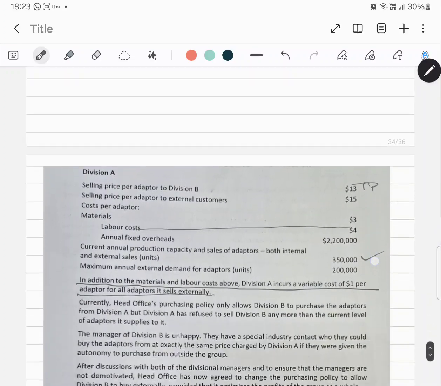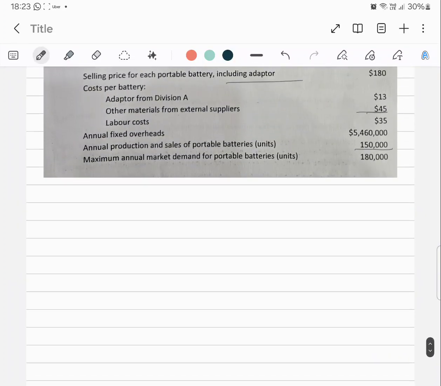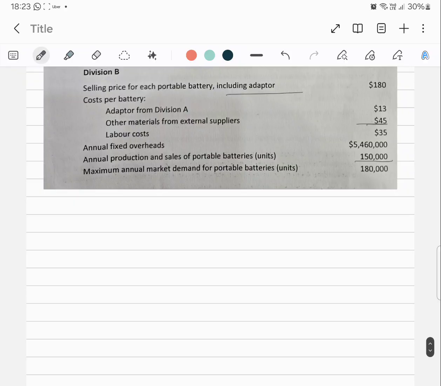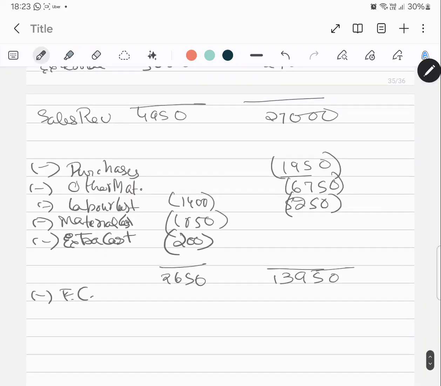Basically I will reduce the fixed cost which is given in the question. Fixed cost was 5,460,000, and for that it was 2,200,000, right? So I will reduce that, and what will I get?